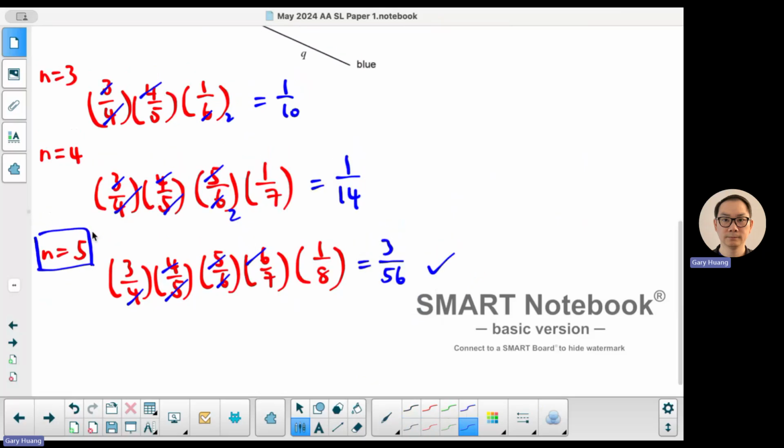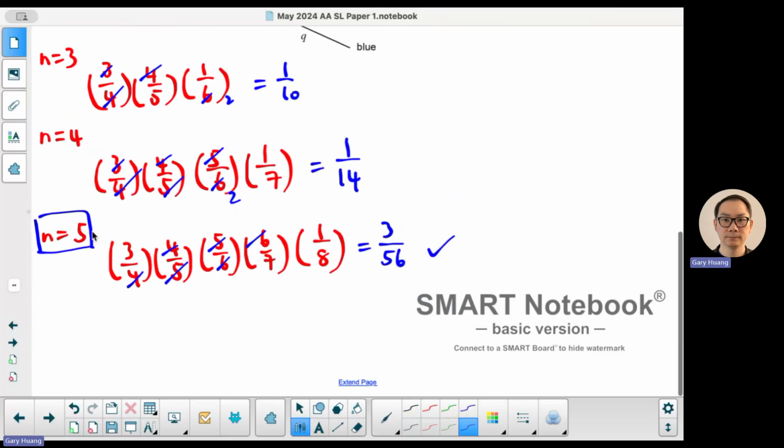Now, you say, I don't want to do trial and error. Well, then you have to set up using the letter n. So you have to see what's the relationship. Well, the relationship is you're always going to start with 3 over 4. That's not going to change. The next one is going to be 4 over 5, and so on and so forth, right? How do I know when to stop?